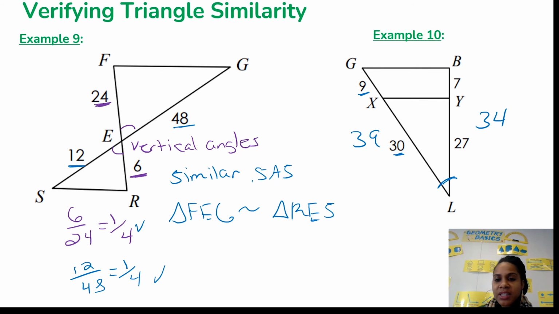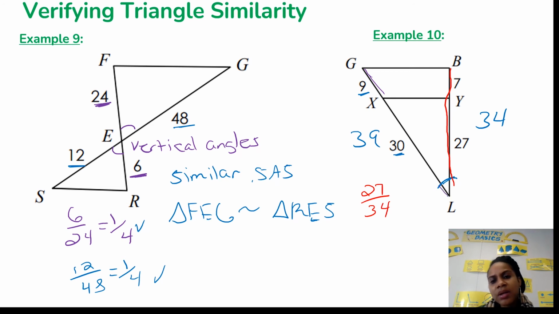But let's see if the sides are proportional. So if we're looking at this side here, our shorter triangle has a side length of 27, and the larger triangle has a side length of 34. And then right here, our other side, GL and XL, I'm sorry.